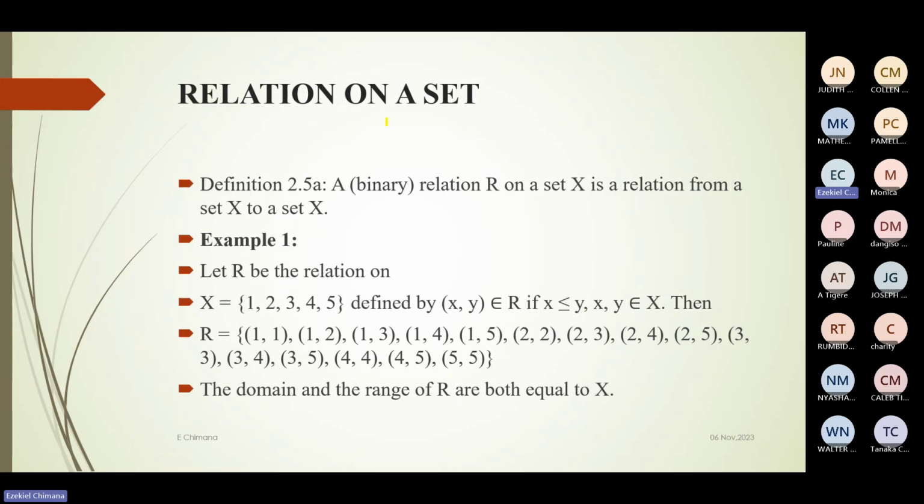So, relation on a set. A binary relation R on a set X is a relation from set X to set X. So it's a relation from a set to itself. For example, let R be a relation on X, which is {1, 2, 3, 4, 5}, defined by (x, y) is an element of R if x is less than or equal to y.